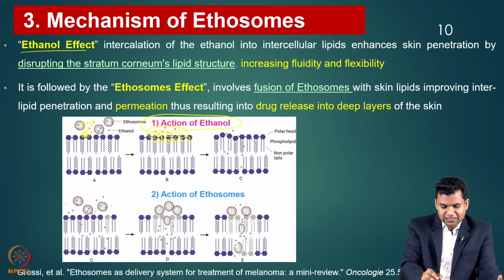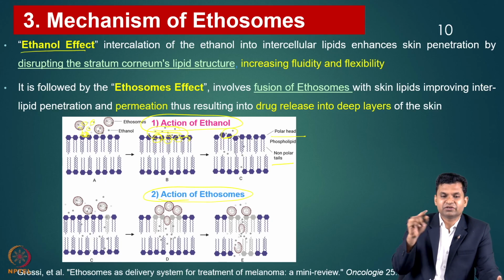You can see the arrangement of the polar heads, and you can also see the non-polar tails, whose structure is disturbed by the ethanol. In the second step, the disordered lipid structure will help in the fusion of the ethosomes. That is called the action of ethosomes.